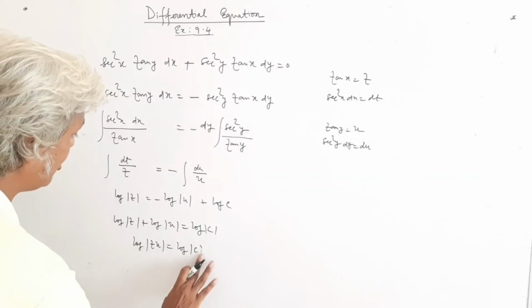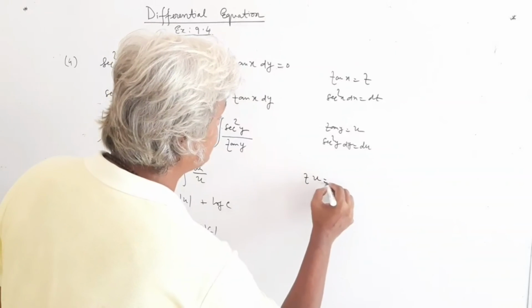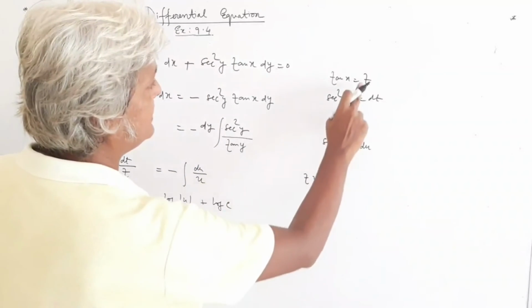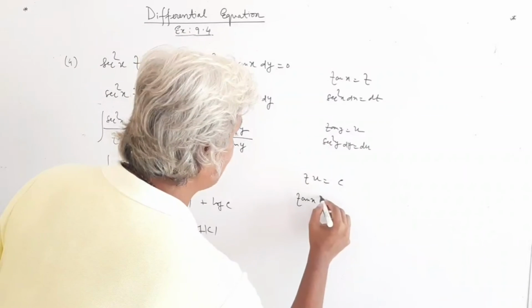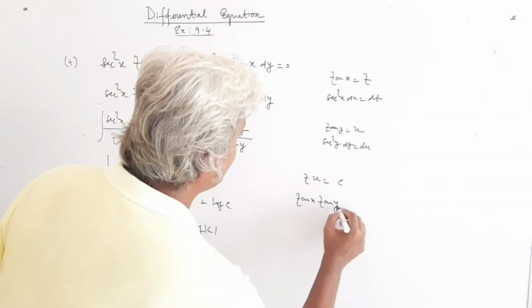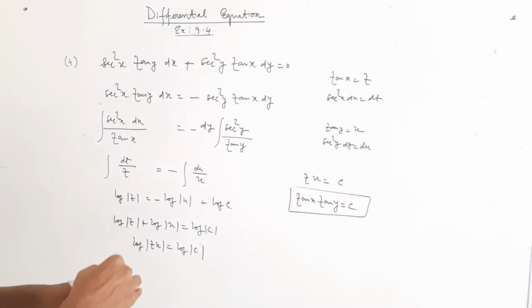Now you take the antilog and the log is gone. So you get tu is c. What is your t? t is tan x and u is tan y. So your answer is tan x tan y is c, and this is the answer.